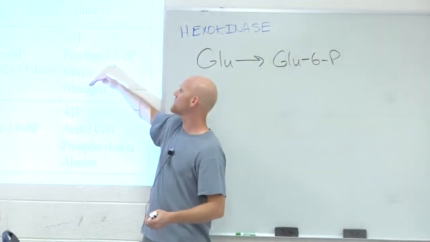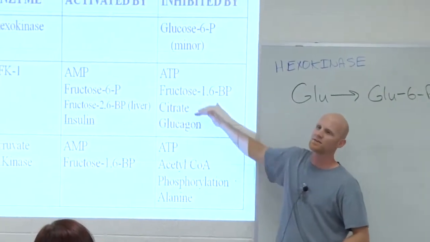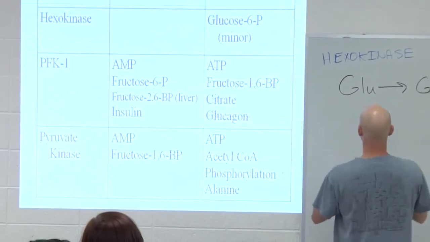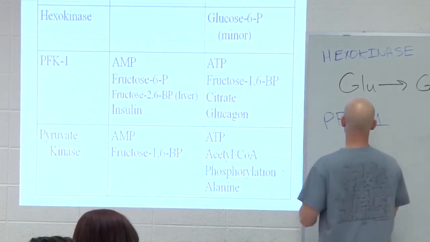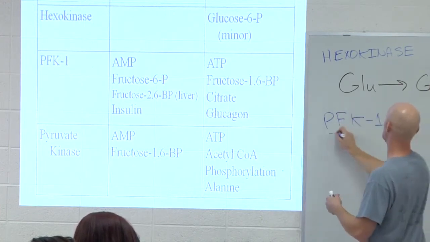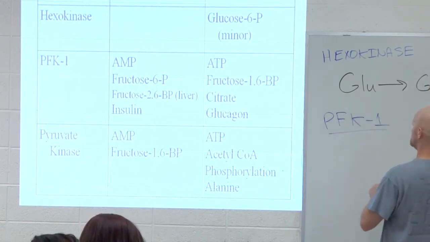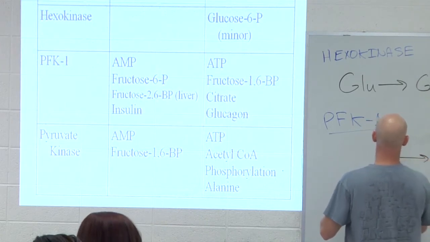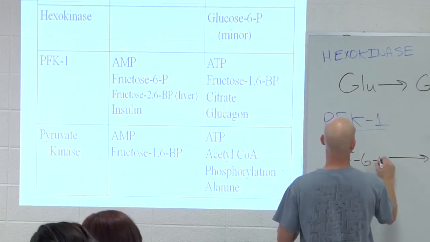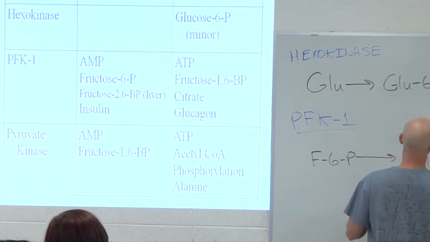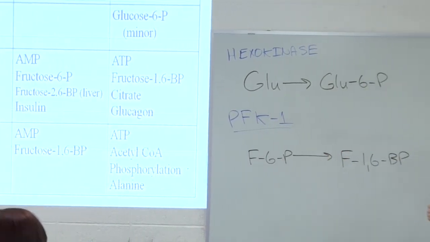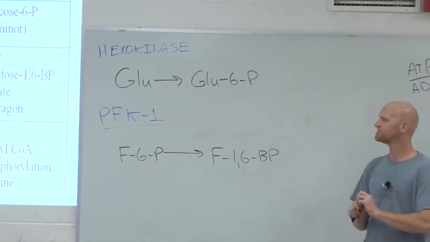So in this case, now we'll look at the two major regulation points. First is PFK1. What's the major reaction for PFK1? Fructose 6-phosphate to fructose 1,6-bisphosphate.